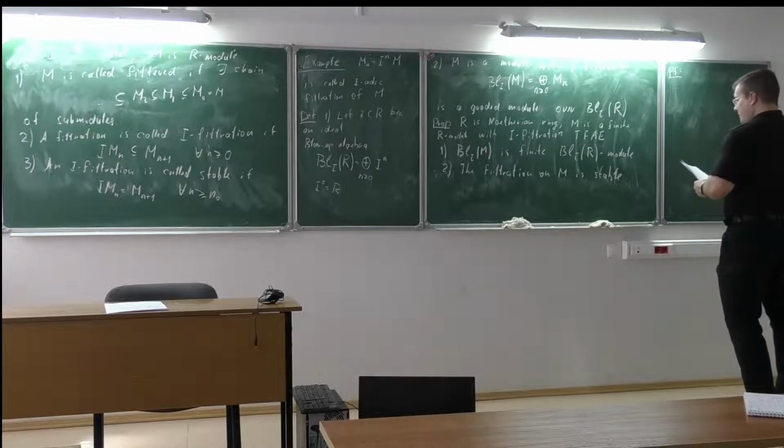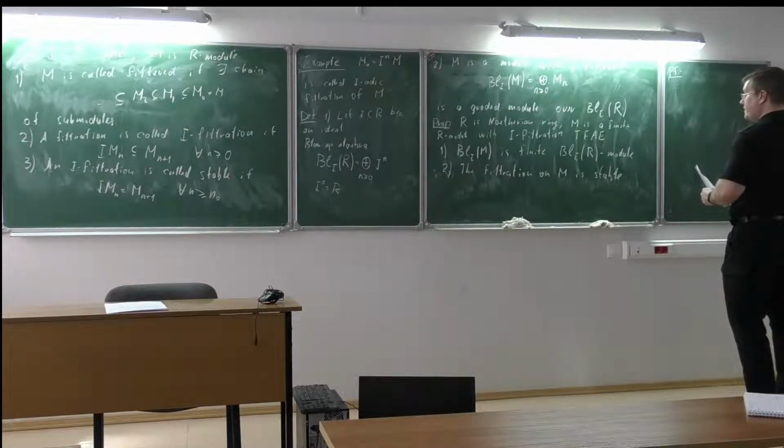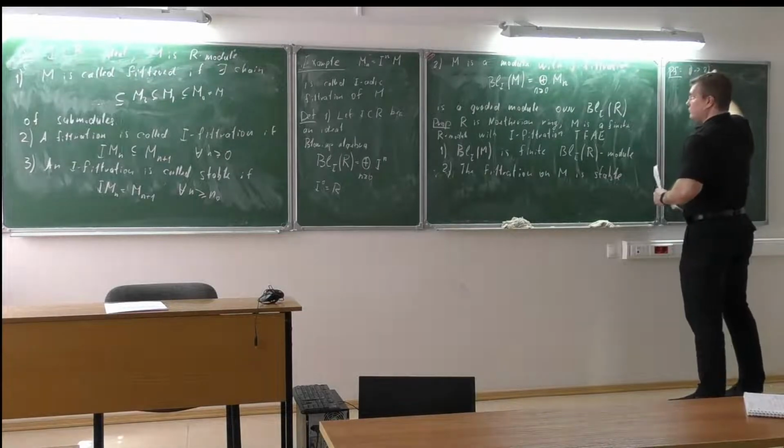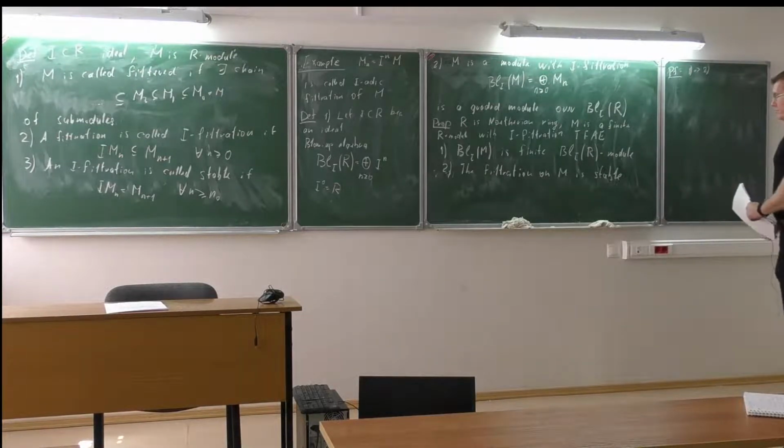Okay, so first we suppose that we have a finite module. So this is 1 implies 2. I want to show that the filtration is stable.